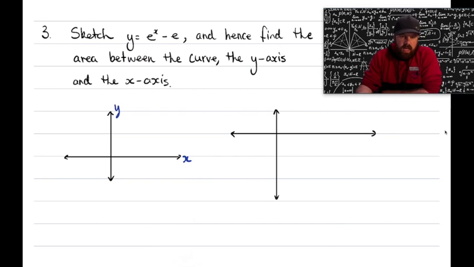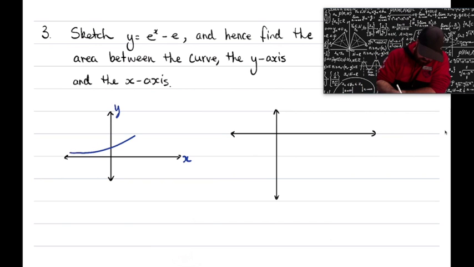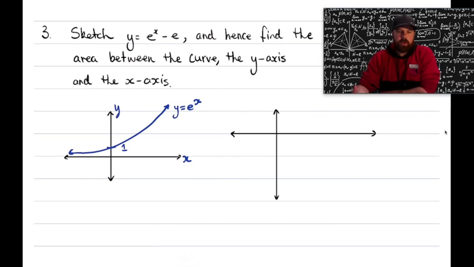Before I start, I'm going to give myself a reference graph, y equals e to the power of x. Remember that it crosses through our y-axis at 1. It has a horizontal asymptote at y equals 0, and it curves along like that.